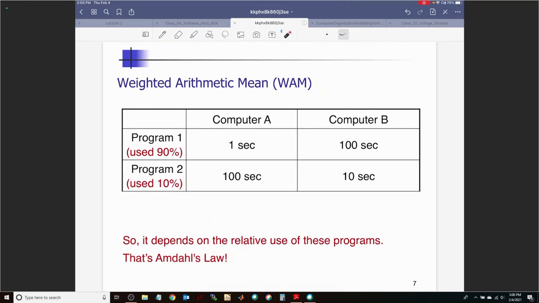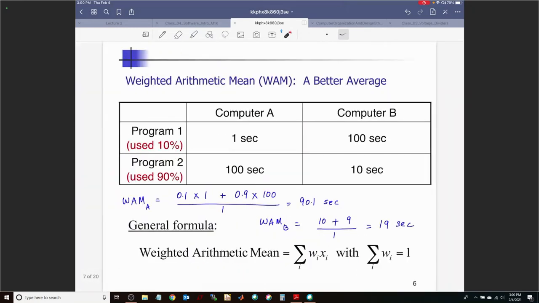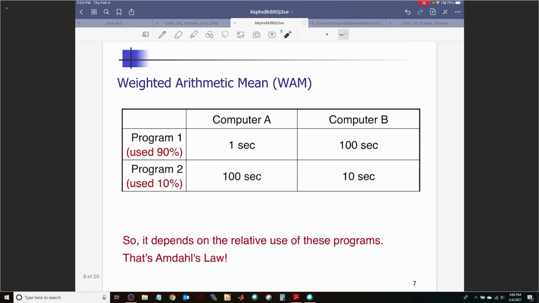So it depends on the relative use of these programs. When we did this in the previous slide, we got 90 here and 19 here. That tells us that how much you use these programs matters a lot. That is Amdahl's law, which we looked at earlier.